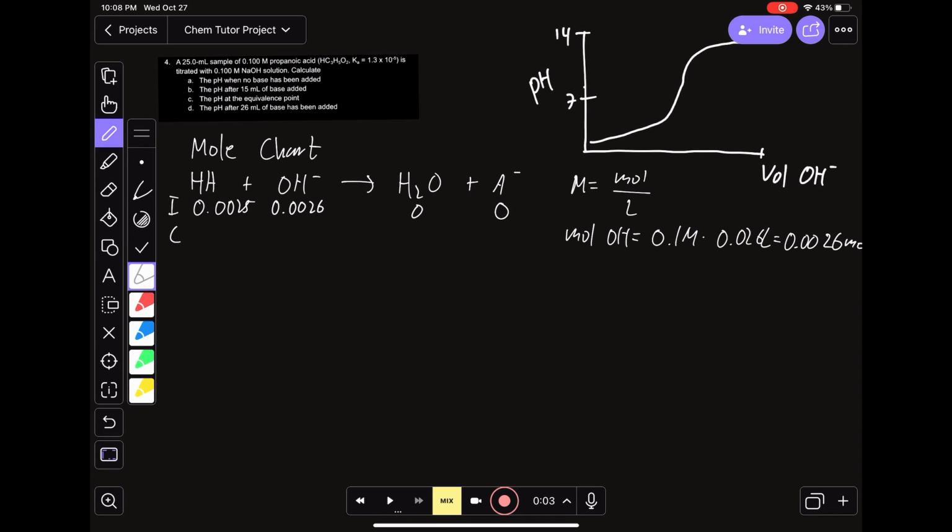Which one is smaller? This HA value, so subtract 0.0025 from the reactants while adding it to the products.